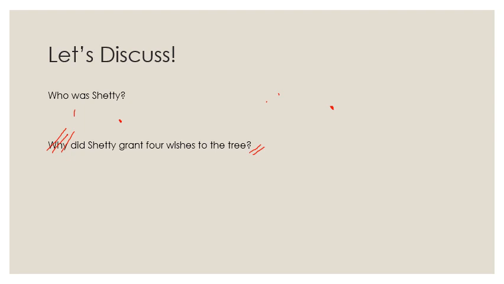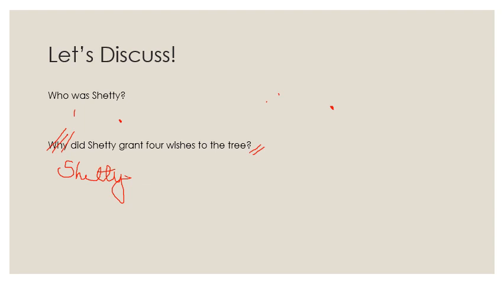So here we'll begin again with Shetty, S-H-E-T-T-Y. Now, why did Shetty grant 4 wishes to the tree? So Shetty. Now we have to see number 2, that is the verb. Again, as we have already discussed, we have to look at whether it is in the present, past or future.